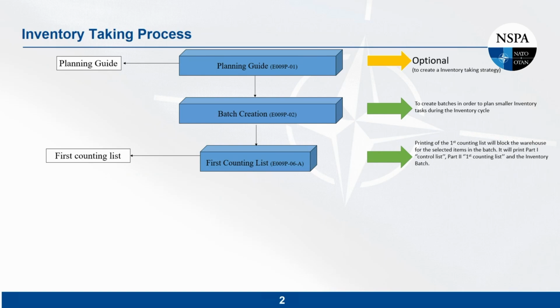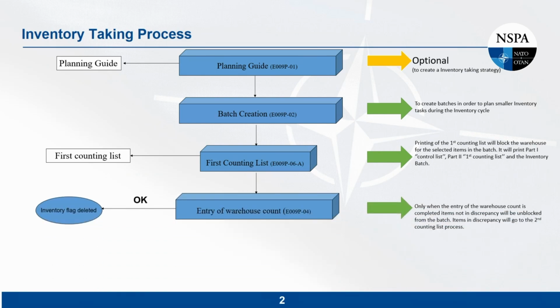After the first counting, we have to go and do the entry of the warehouse count. This is the actual process where we are entering the amount that has been counted. This can be a surplus or a minus amount.